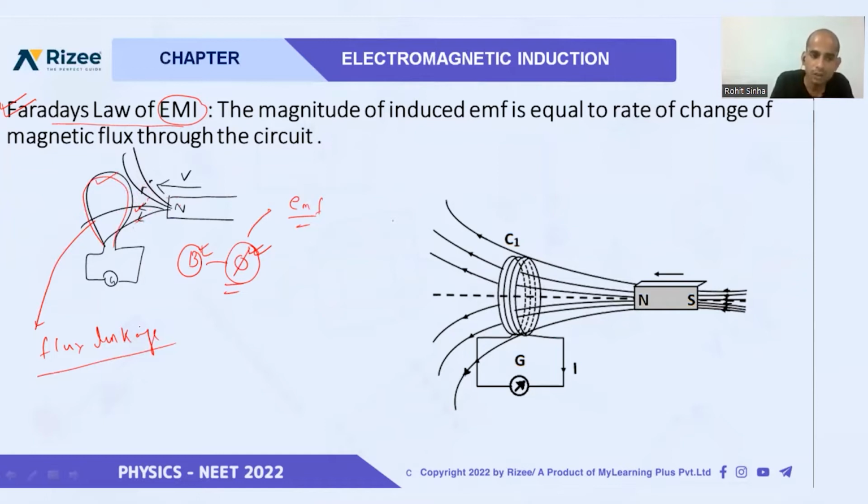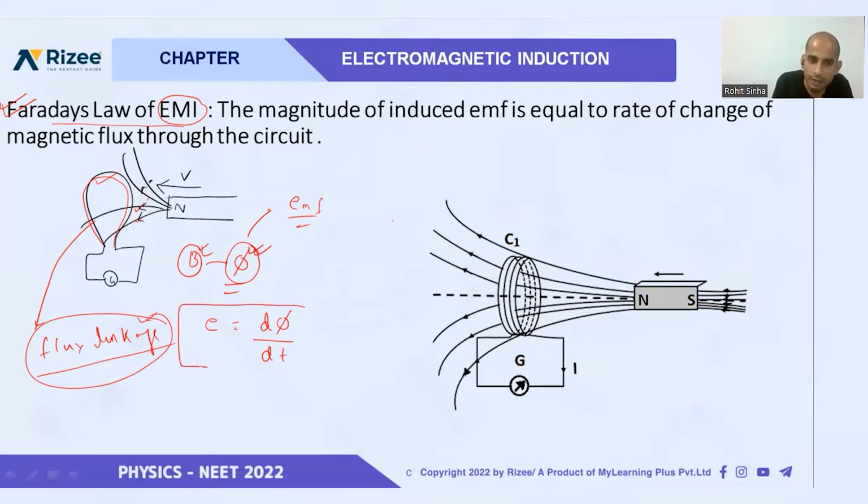So Faraday's law tells that whenever there is a change in magnetic flux linkage, an EMF is induced in the coil, and that induced EMF E is given by the rate of change of magnetic flux.